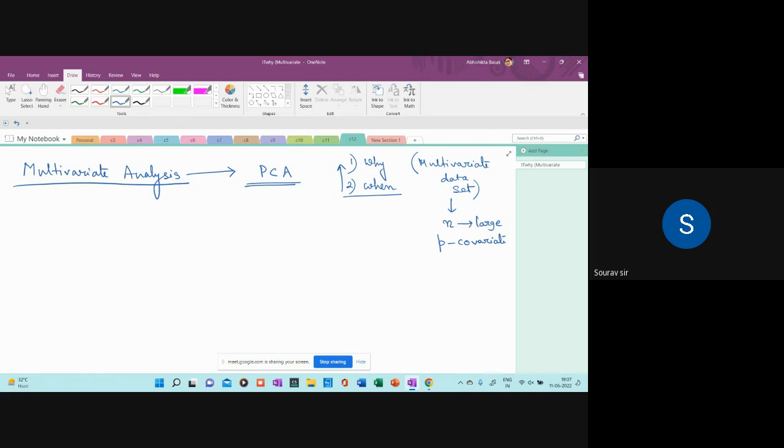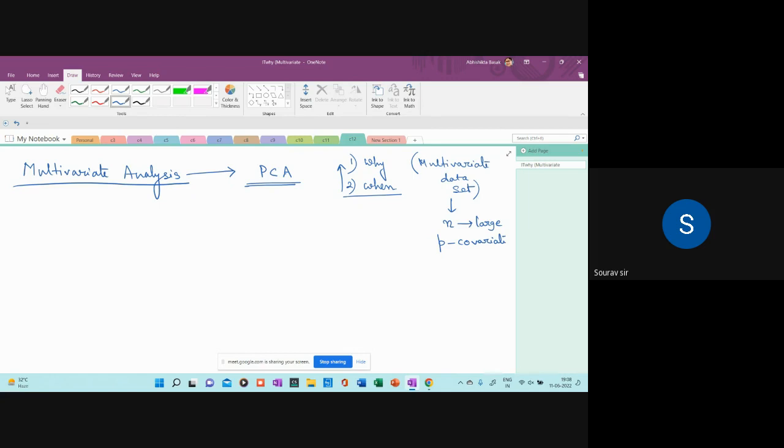So when we say it is very large in size, it's very difficult to represent this particular data set and very difficult to deal with this big data set. So what we try to do is represent this data set in a lower dimension. For dimension reduction, PCA is a very important tool.